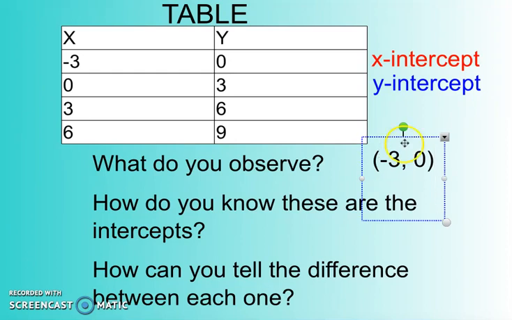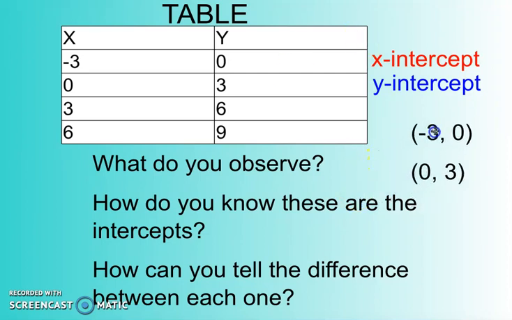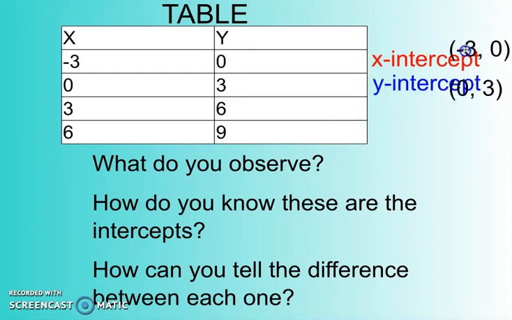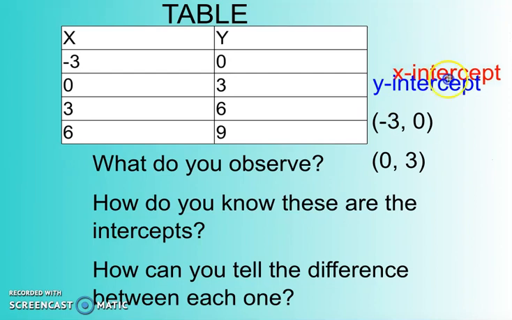So (-3, 0) would be our x-intercept, and then our y-intercept would be (0, 3), because now we're looking for where there is 0 in the x-coordinate. Okay, and so let's bring this down.